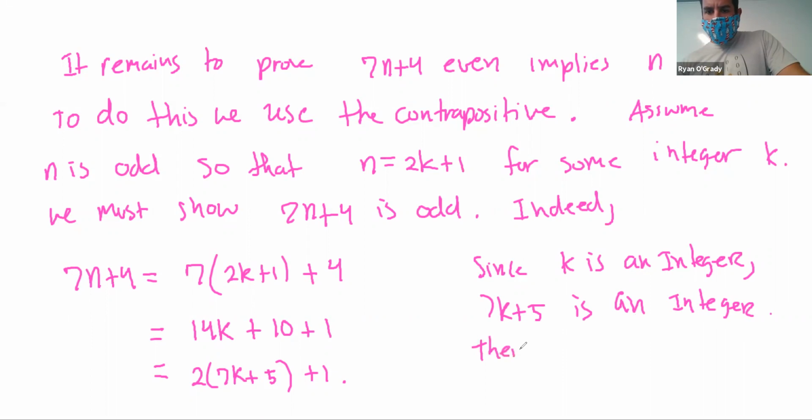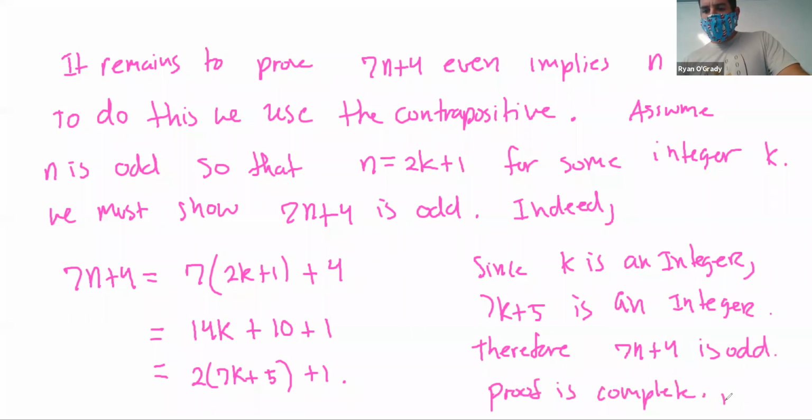Therefore, 7n plus 4 is odd. And so the proof is complete. We often put this little box here. So there's an awful lot going on here.